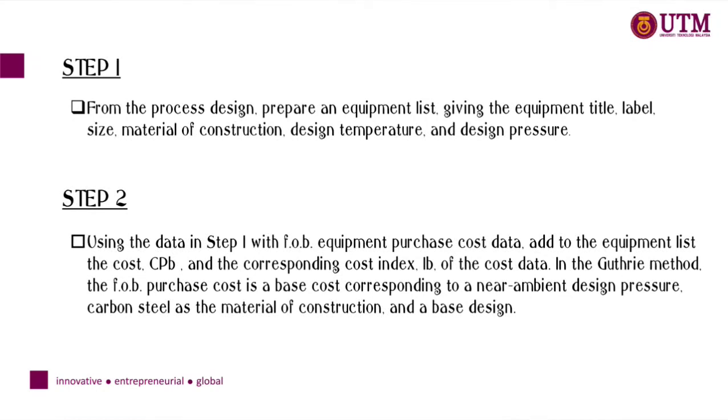The second step is using the data in step 1 with FOB equipment purchase cost data, adding to the equipment list the cost, which is the CP, and the corresponding cost index of the cost data. In this method, the FOB purchase cost is the base cost corresponding to near ambient design pressure, carbon steel as the material of construction and a base design.